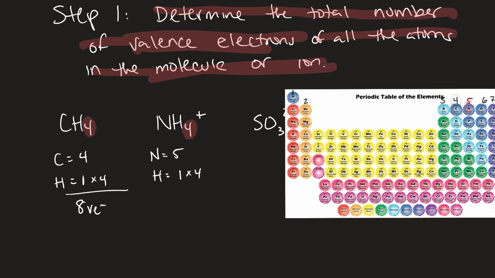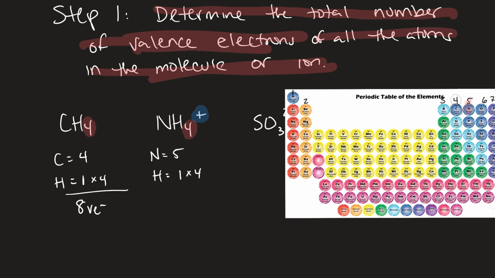Now, one more thing you have to consider is that we have a charge. What does the charge mean? The charge tells us that there's an unequal number of electrons compared to protons. If it's neutral, you have the same number of protons and electrons. But in this case, we have 1 more proton than electrons, so this one lost an electron. I need to take account of that when counting my valence electrons.